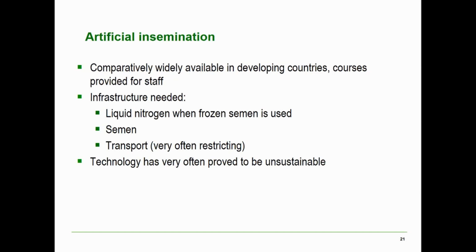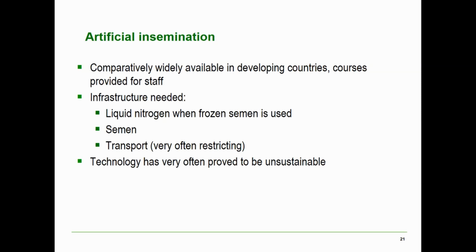Of course, for this whole system to be in place, there is a need for a sustained infrastructure, and in this case, the most important item is the liquid nitrogen that is used for the conservation, or the freezing, of the semen itself, from the bulls or from the male animals that people care about.